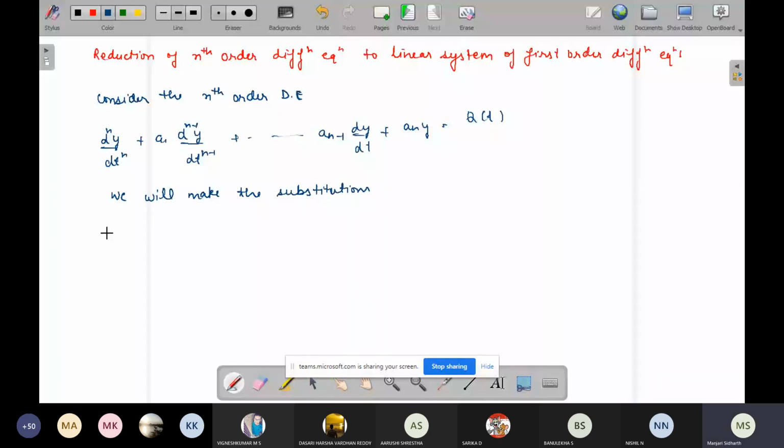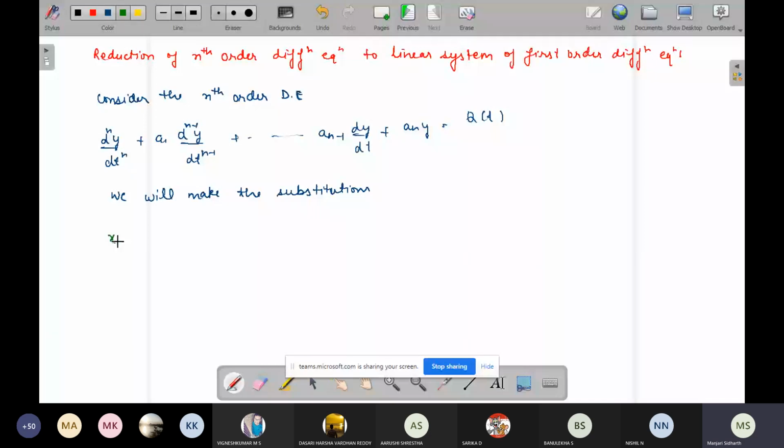We'll change the dependent variable y into many dependent variables x1, x2, ..., xn. So we'll assume, see the substitution carefully.